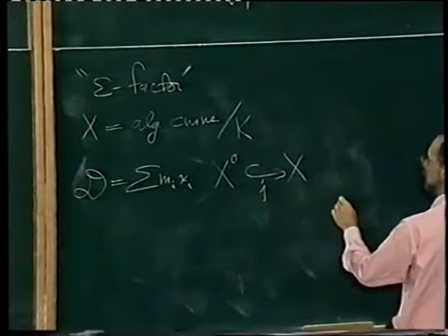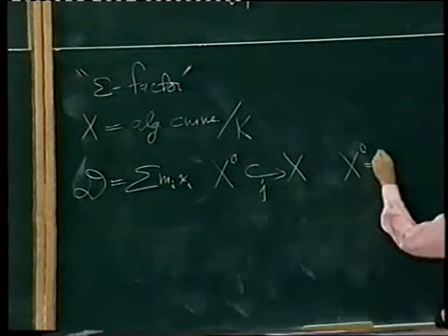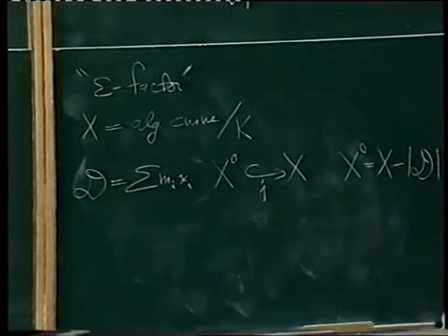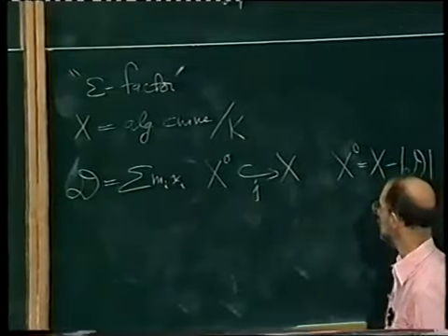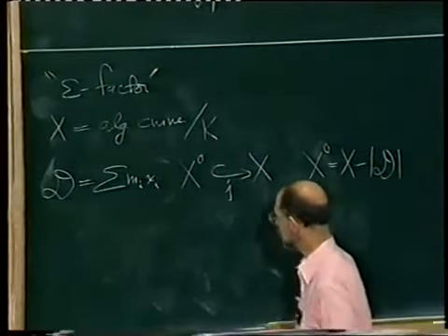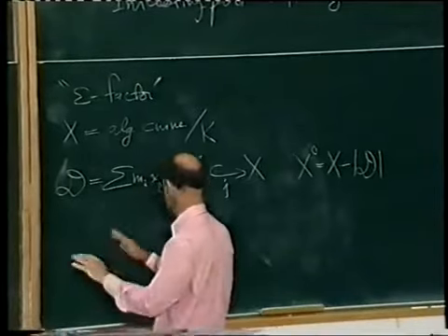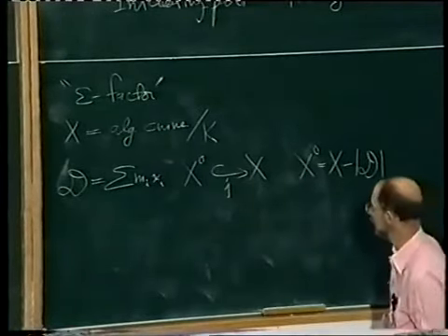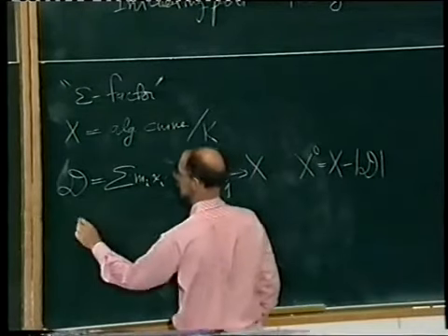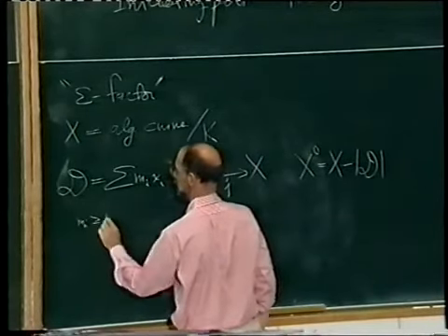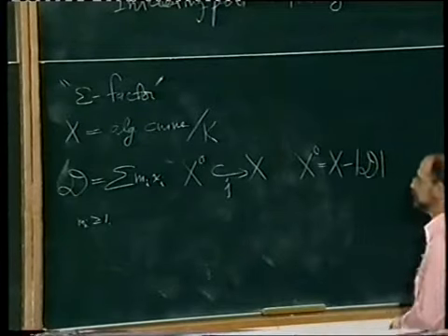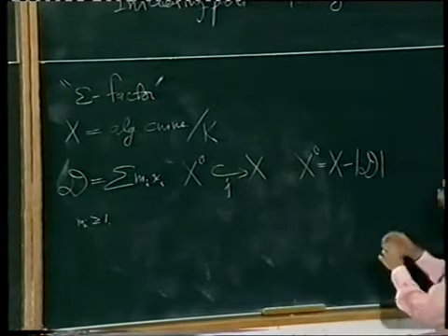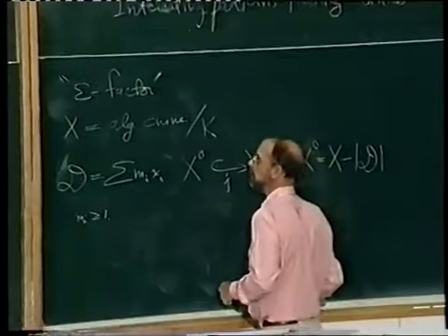So X naught is X minus the support of D. There are two different situations that I want to kind of commingle.